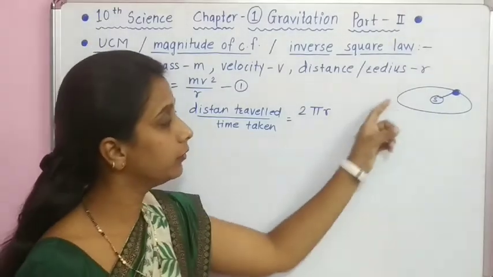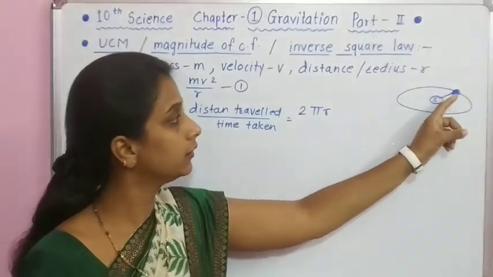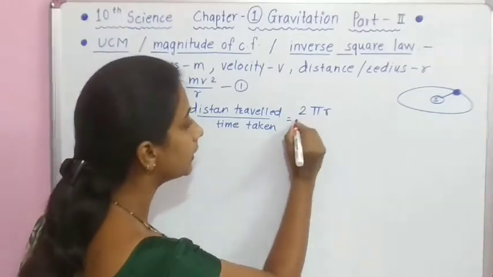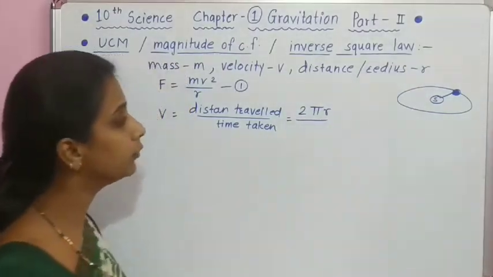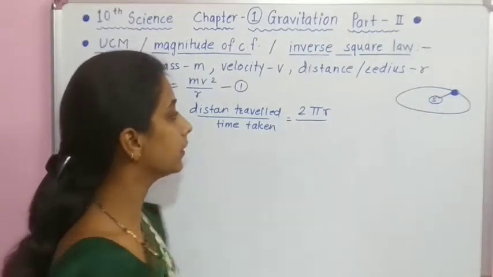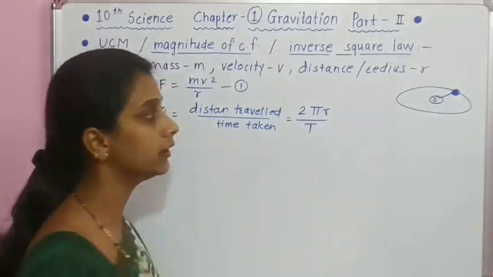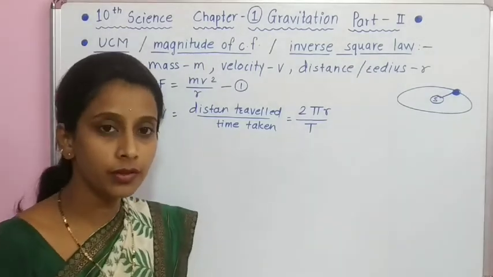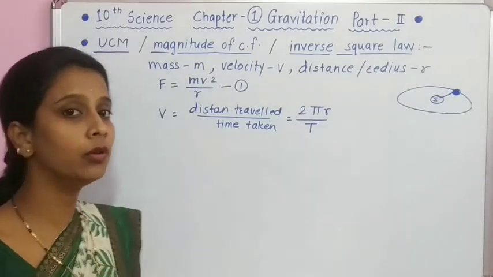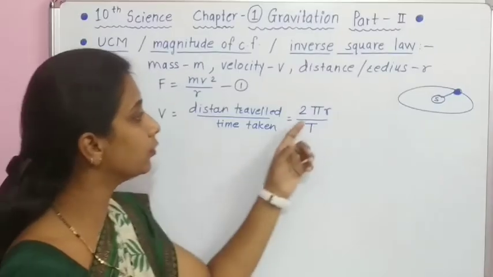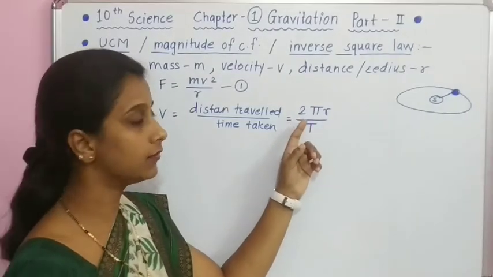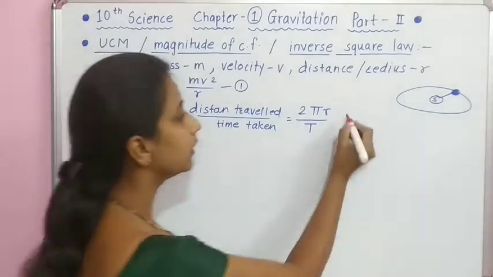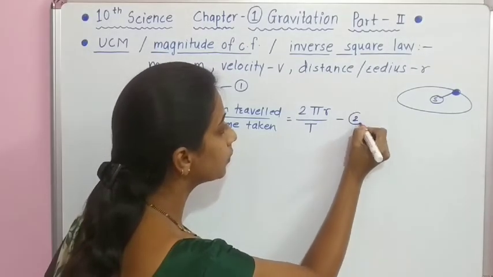What will be the distance covered by the planet here? 2 pi r, the perimeter of its orbit. Now time is t. Capital T will be the time to complete one revolution. Now students, we get the value of v equals 2 pi r upon T. So it is our equation number 2.